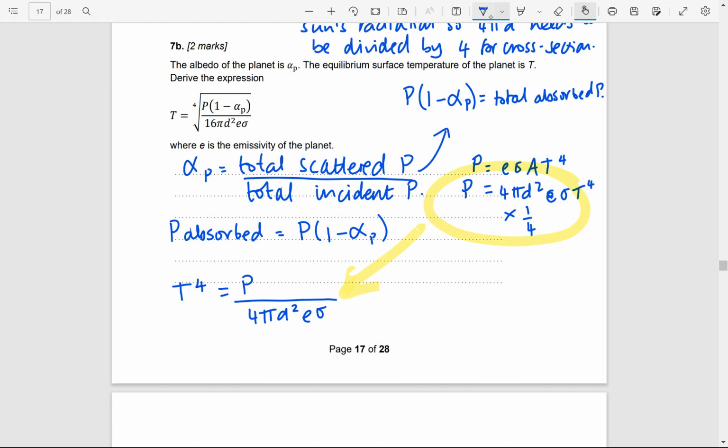Then I only want a quarter of it because we've gone from a spherical area to a cross-sectional area. We want the amount absorbed, so I need to switch that in for 1 minus alpha power.